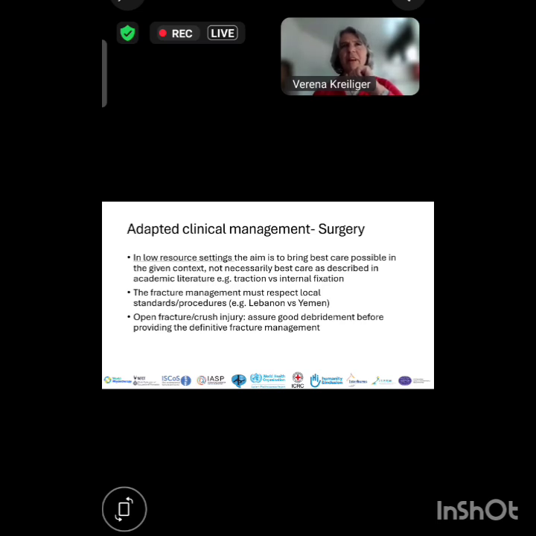The fracture management must respect the local standards and procedures. So I refer here as a comparison, the Lebanese example where physiotherapists are not allowed to apply plaster of Paris versus the Yemen or the Gaza context where it's the physiotherapist who does the POP management.